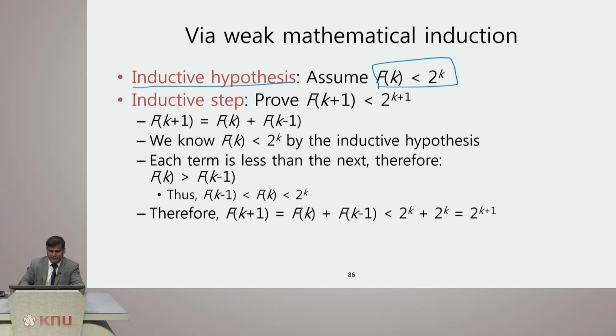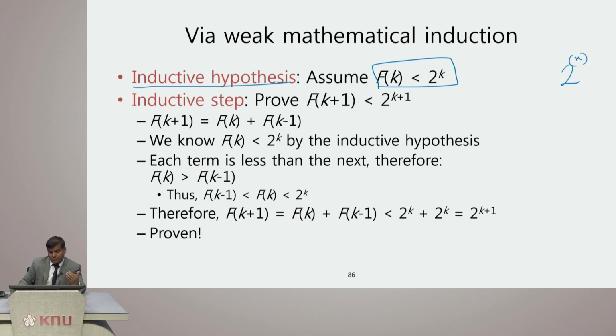Initially, if you go back and see in the previous slide, you might have noticed that we have to show for 2 power any value of n. So here we are assuming that we have to prove for 2 power k.